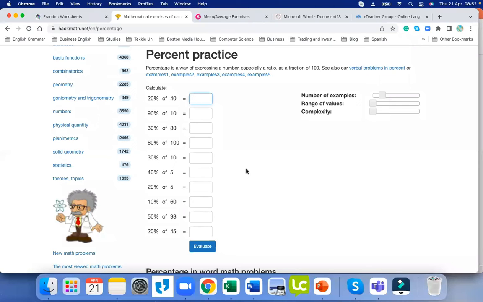Let's see. 50% here, right at the bottom. 50% of 98.